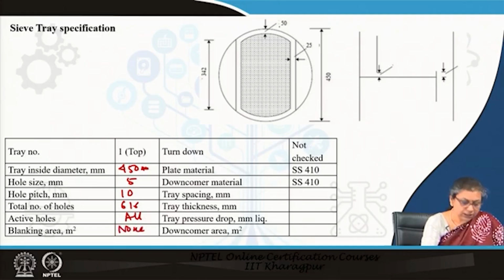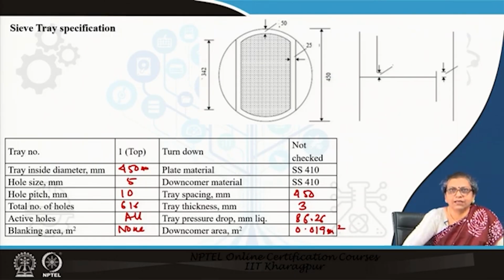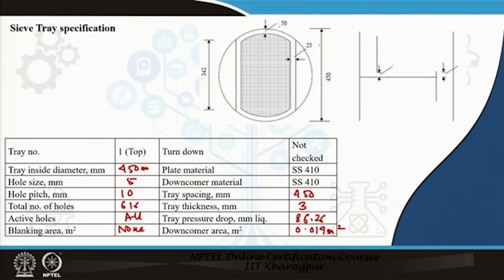The plate material and downcomer material we have selected, the tray spacing was 450 millimeters, the tray thickness was 3 millimeters, roughly the tray pressure drop was around 86-87 millimeters, the downcomer area was roughly around 0.019 square meters. So, this is the way in which a complete sieve tray design is specified. So, with this we complete the design of the sieve tray.